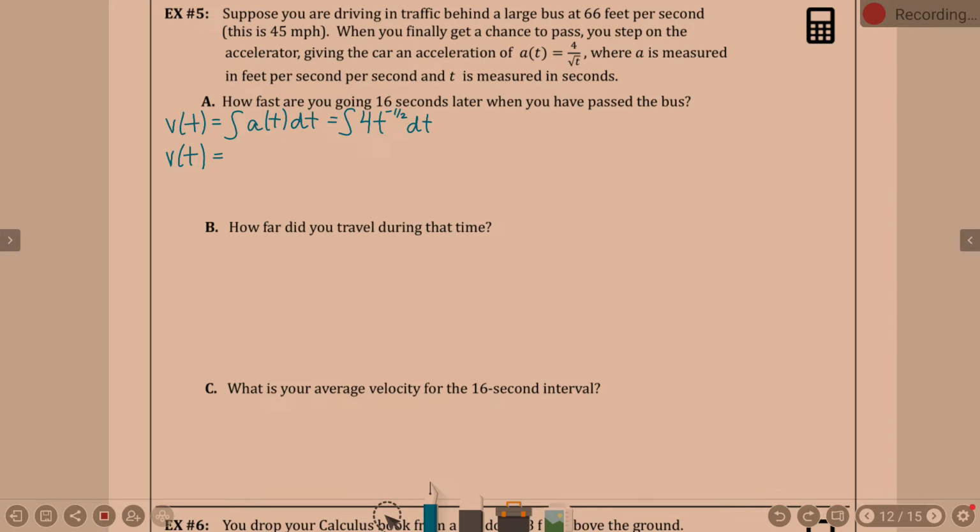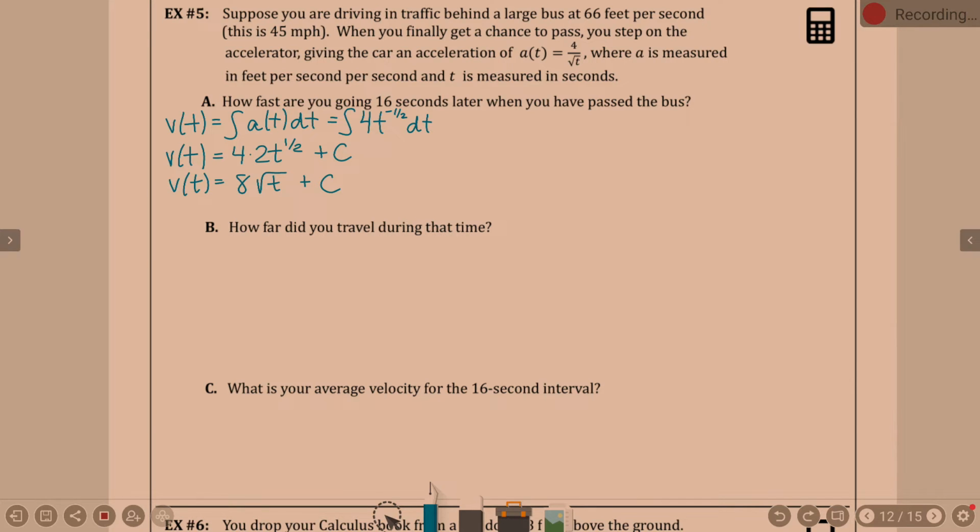So we're going to have the 4 that's already there times 2t to the 1/2. And then what can we not forget? Plus c. So we have 8t to the 1/2 plus c. Or if I go back to square roots, it's 8 square root of t plus c.